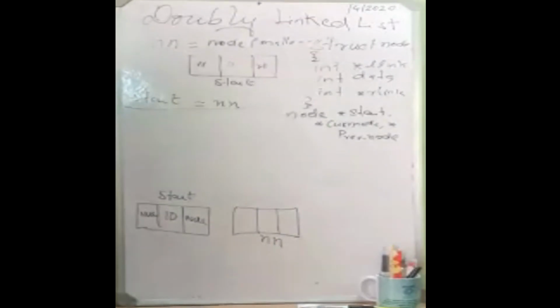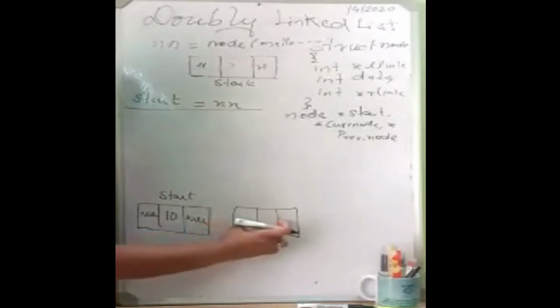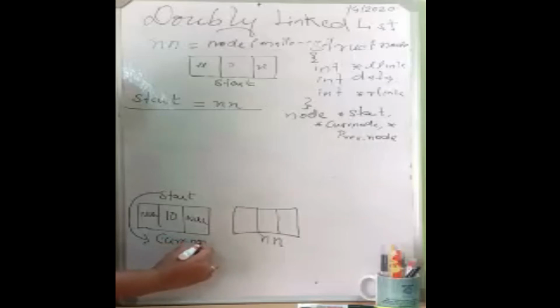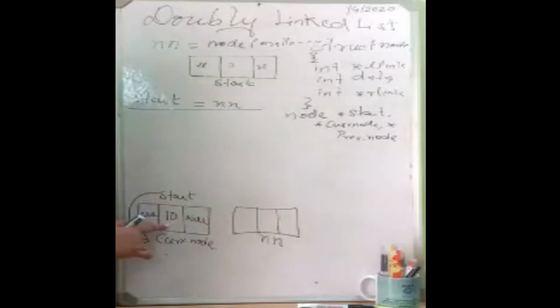What I have to do now is attach this node along with this. I have only one pointer here, start, right? So for this start pointer, I'll assign one more pointer called current node. I have to keep the start pointer always pointing to the first node.